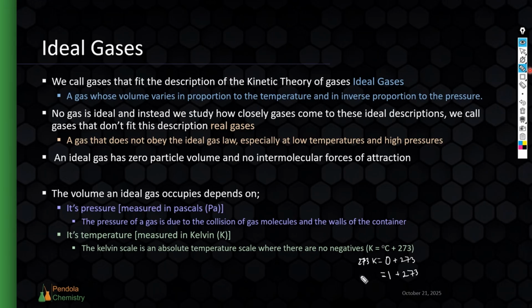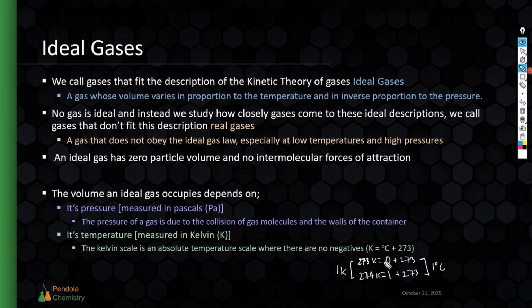1 Celsius plus 273 is equal to 274 Kelvin. So you can see as we go from 0 Celsius to 1 Celsius, a difference of 1 degree Celsius, Kelvin goes up by 1 as well.